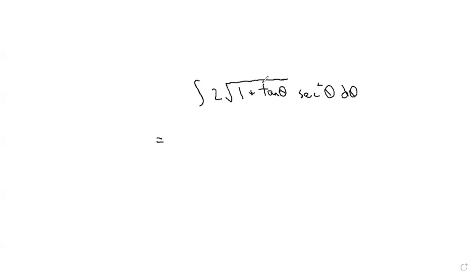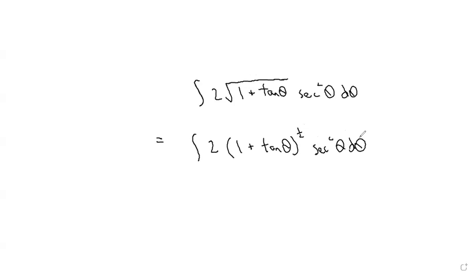You could write any root in terms of exponents. So you could write it differently, and that will kind of illustrate why we can use the general power formula here. So I'm going to replace the square root with an exponent of 1 over 2. So we got 1 plus tan theta to the exponent of 1 over 2, and then I'll keep everything the same for now.